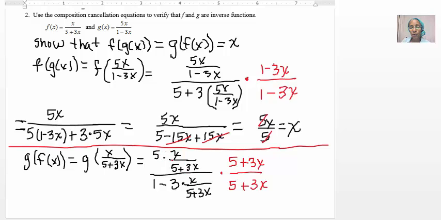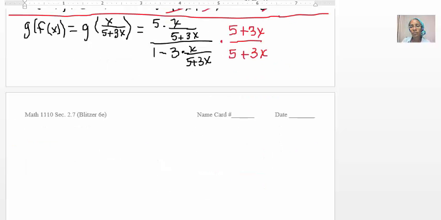So if I multiply the numerator by 5 plus 3x and the denominator times 5 plus 3x, I'll clear the minor rational expressions or minor fractions out of the problem. Okay, so I continue with my work.